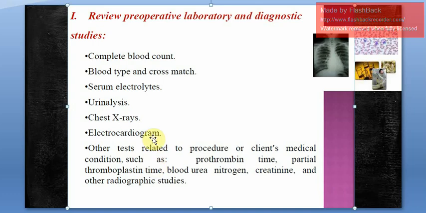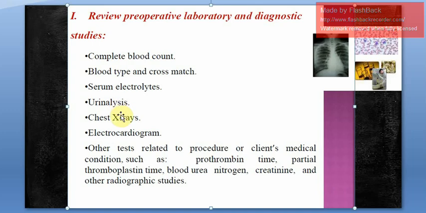Electrolytes will mainly include serum sodium, serum potassium, serum magnesium, or even chloride levels. That will come under serum electrolytes. Next is urine analysis. Urine examination can be performed most of the time to assess if there is any infection in the urine, and whether the urine is of normal pH. Next is chest X-ray.